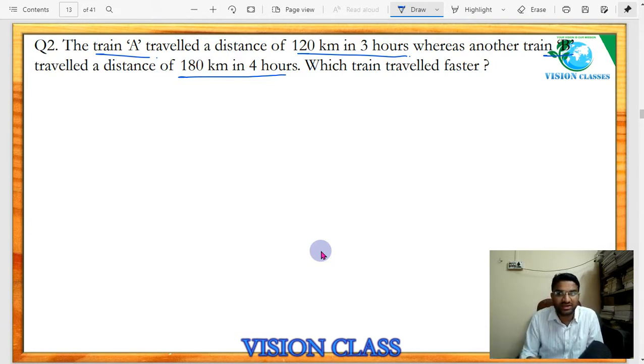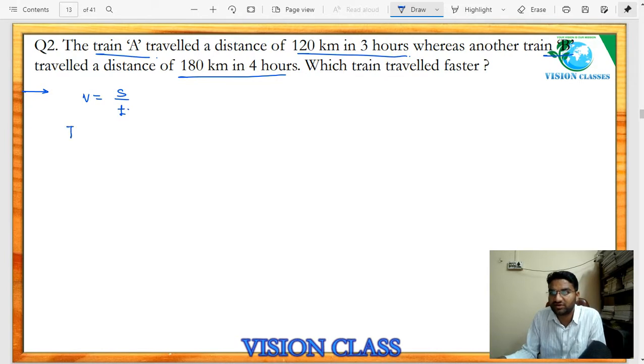In this case, we have to calculate how fast or how slow each train is. For that we again use the formula v is equal to s over t.